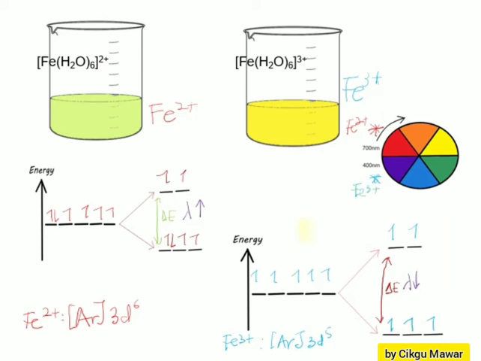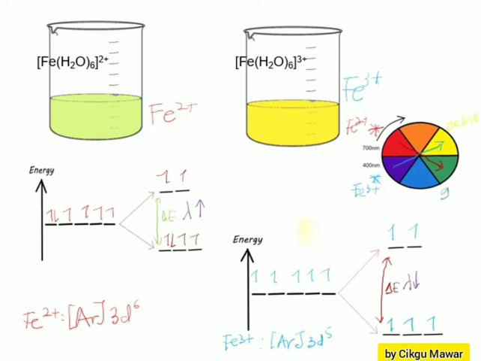So what is the complementary color transmitted by iron 3 plus? For iron 3 plus, the color will appear yellow, while for iron 2 plus, the complementary color is green.